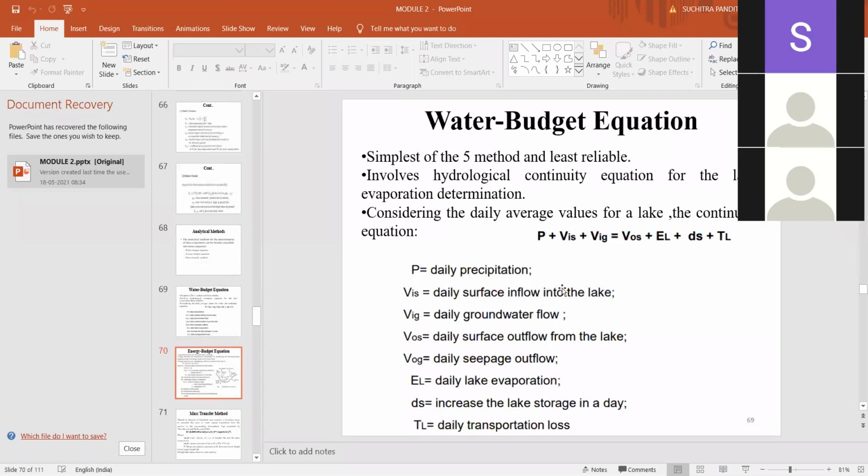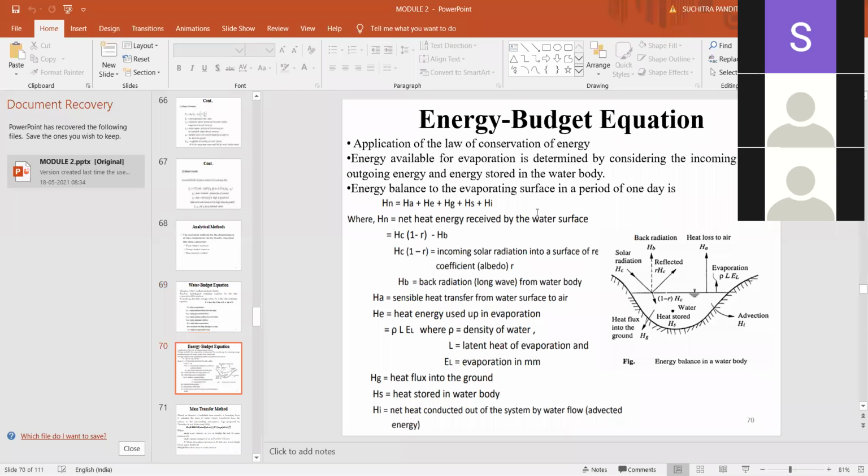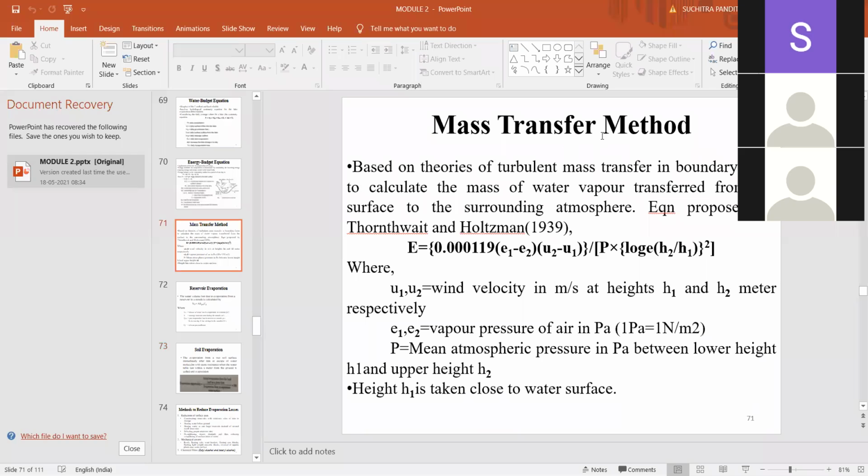These are the equations for the water budget, and here you can see there are too many variables. Hence it is a specialist, sophisticated approach. These things are not included in your syllabus.